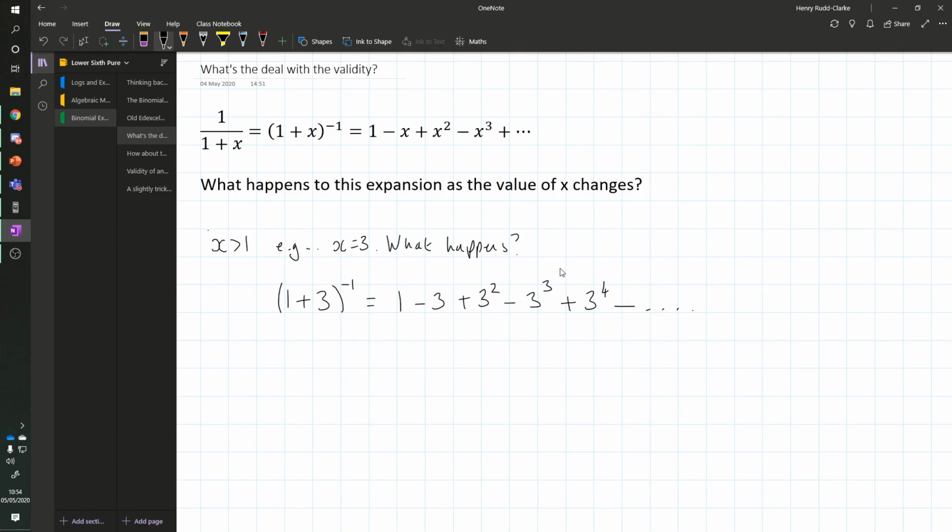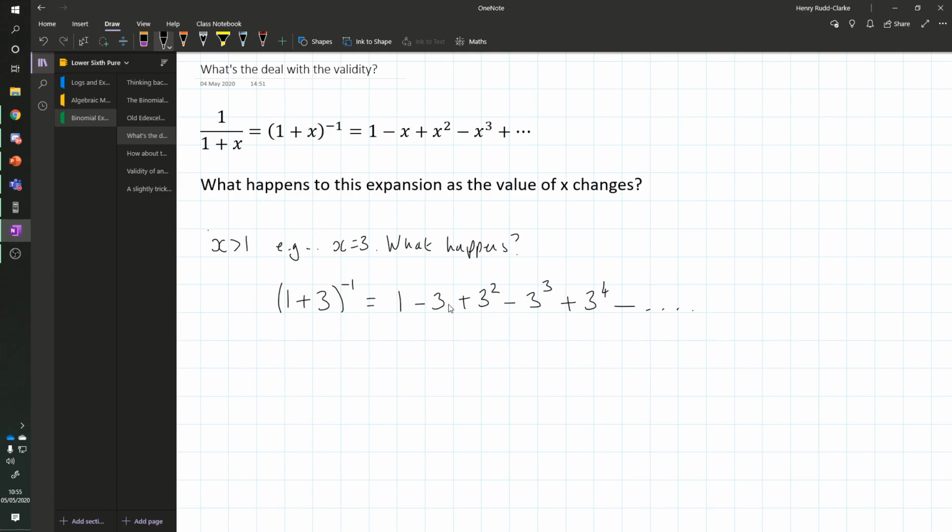Have a think about this on the right hand side here. It's obviously not going to be the same as a quarter. What's actually happening is we've got 1 minus 3 is minus 2, plus 3 squared is going to be 7, minus 27 is minus 20, plus 3 to the power of 4 would be 61. At every stage this is getting wildly bigger and going away from any particular value.